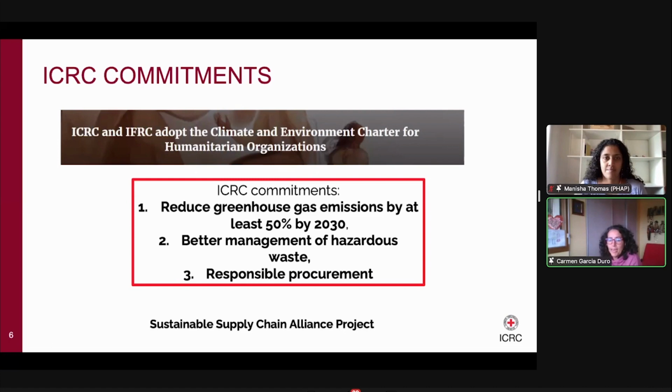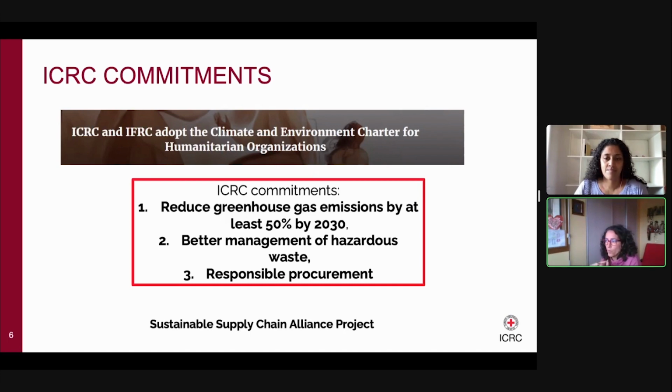And another one is better management of hazardous waste. So it's really on responsible procurement. If you look at the three commitments, they are really the three presentations that we had today: hazardous waste management, responsible procurement, and greenhouse emissions. And I think those three points are key, and we really need to work on them.